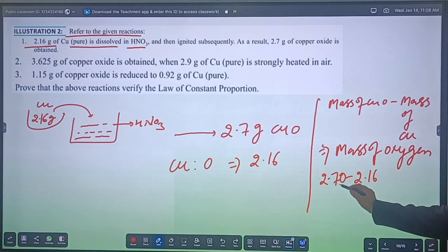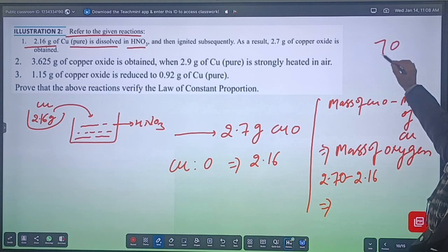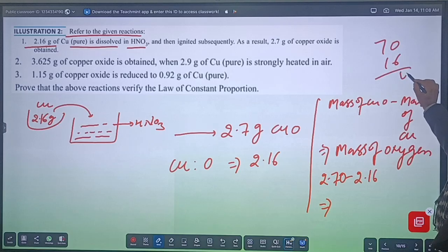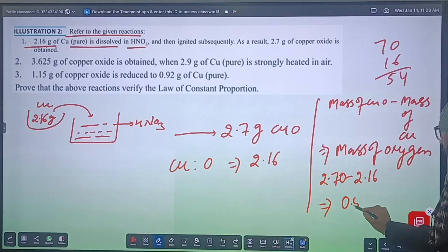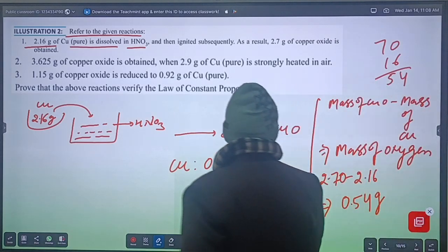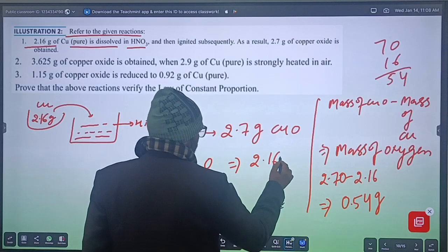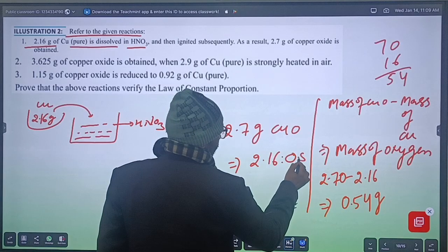We can write it as 2.70 minus 2.16. So what is the mass of oxygen? Mass of oxygen comes out to be 0.54 gram. So we can divide this by 0.5.